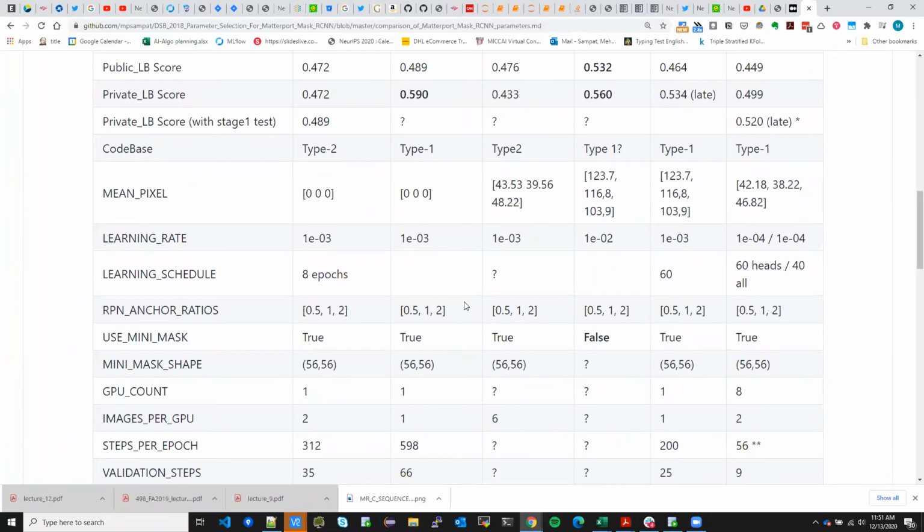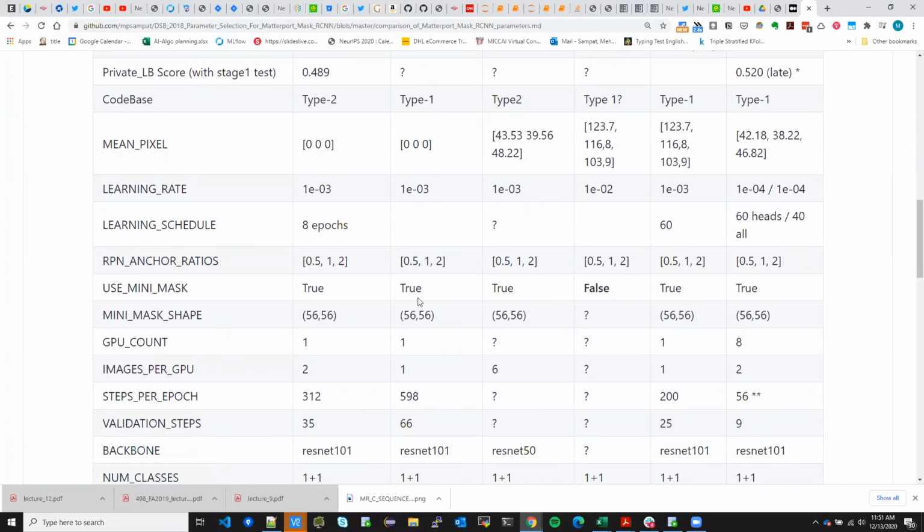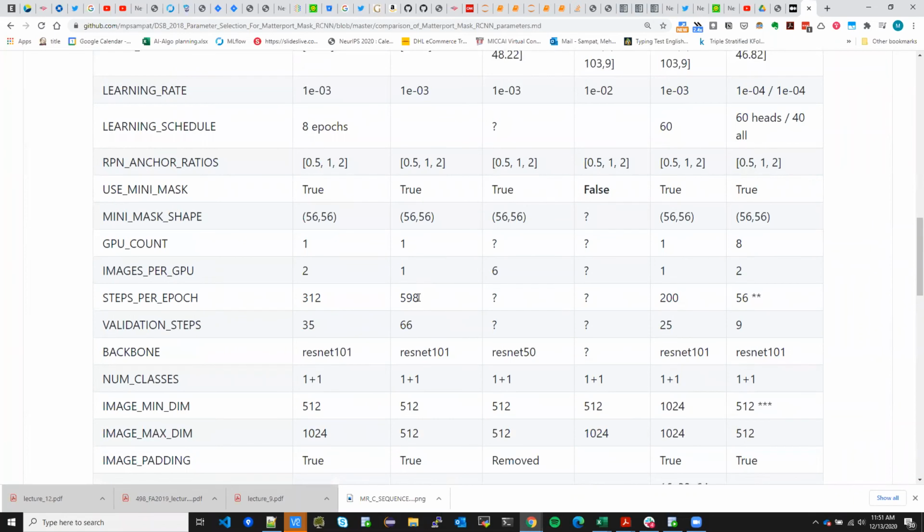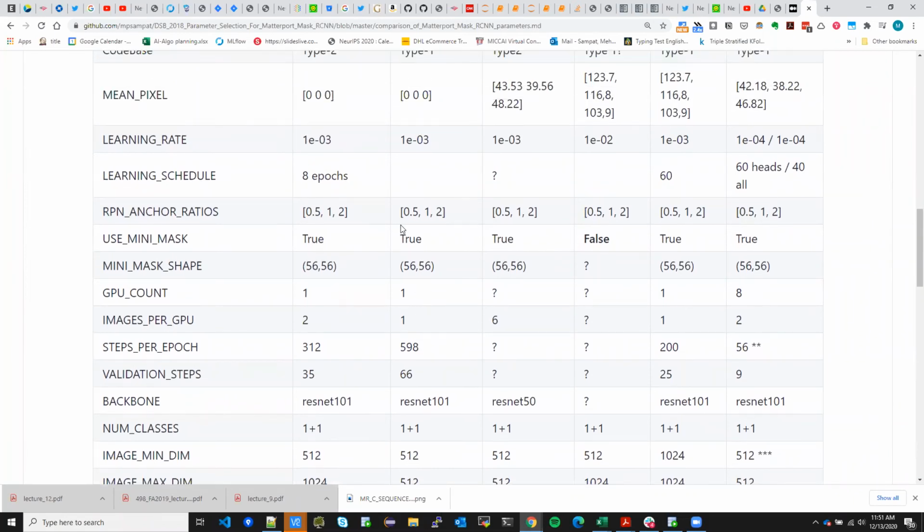So this is also another type of object detection. You can pick things like a ratio.